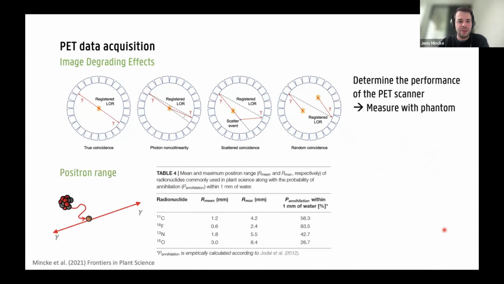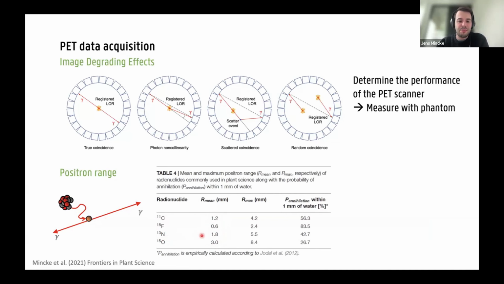Another thing which I already talked about quite some time is the positron range. It's the distance that the positron travels from the decaying nucleus. This is important. Why? Because this is in the order of millimeters. So let's say that you want to study, for example, nitrate uptake into plant leaves.